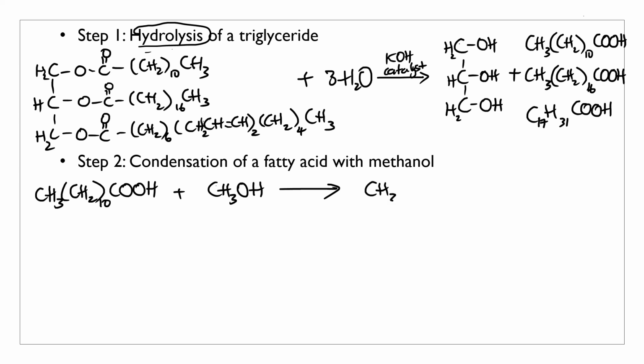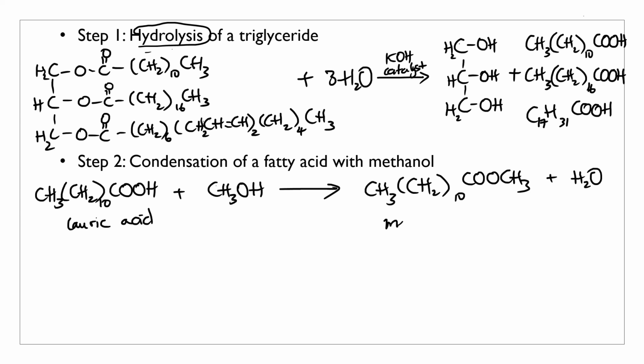So CH3, CH2 10, COOCH3. So this is just your ester, and then you get a water molecule out. Now the acid here is lauric acid. So if it is lauric acid, then the ester is going to be called methyl laurate.